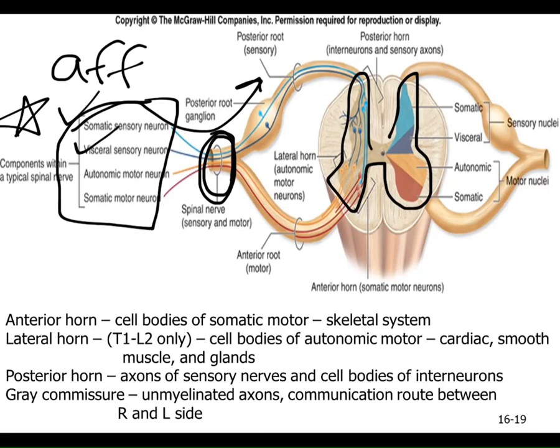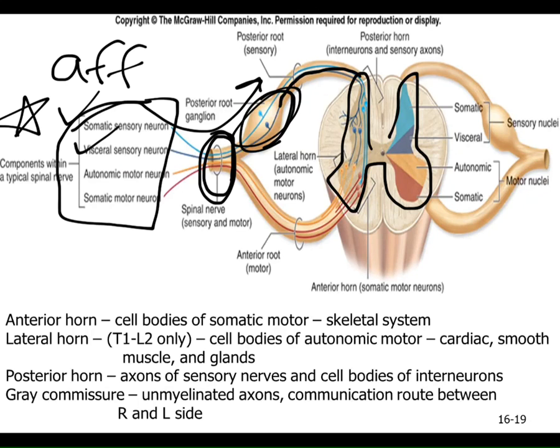And this information always travels in and goes to the posterior root, and there we see the posterior root ganglion. What's in that ganglion? The cell bodies for these very sensory neurons. So that bulge is a bulge of cell bodies, right? A cluster of cell bodies in the peripheral nervous system is a ganglion.